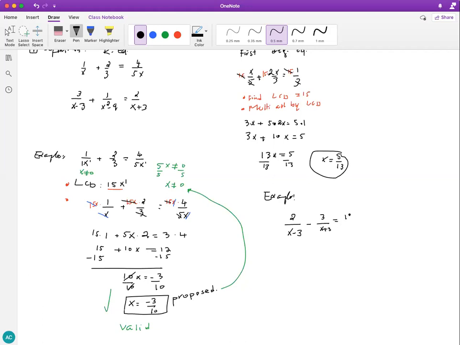And then we have 12 over x to the second, and minus 9.